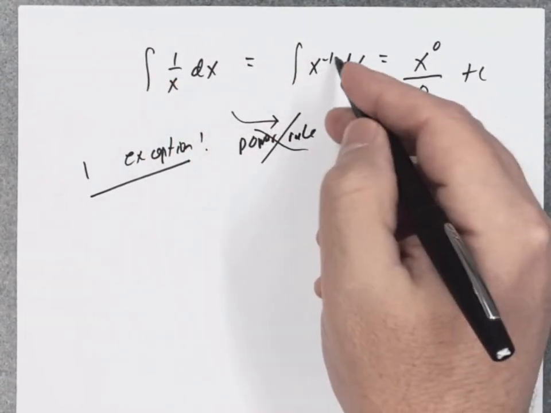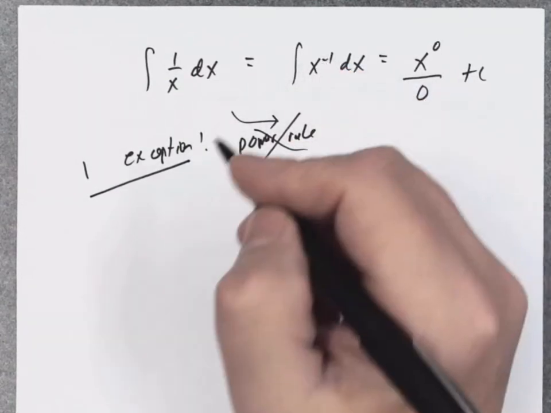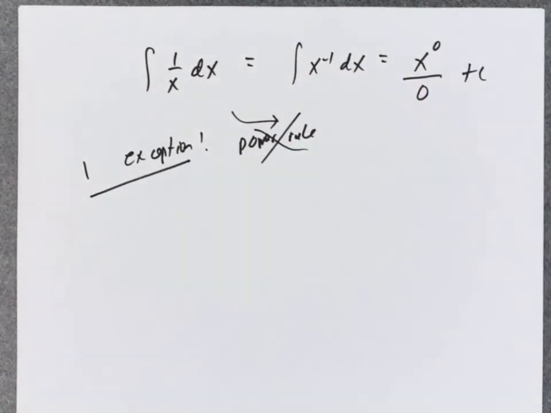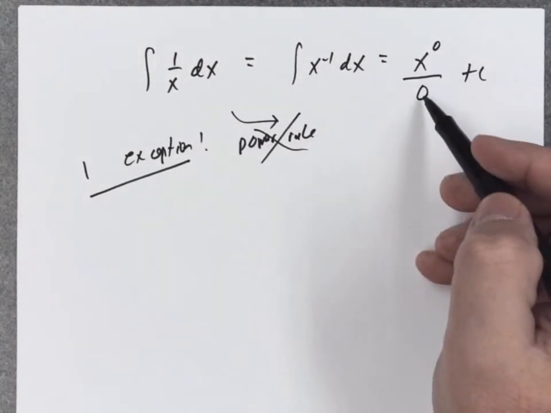Everything else, only -1 as an exponent doesn't work. Every other number as an exponent is going to work. Use the power rule. This is just the one time it doesn't work, because when you got a -1 here, it forces you to put a 0 down here, and you can't have that. So what do?